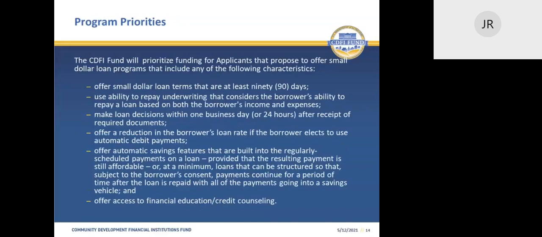That is, programs that offer small dollar loan terms that are at least 90 days, use ability to repay underwriting criteria that considers the borrower's ability to repay their loan based on both their income and expenses, make loan decisions within 1 business day after receipt of all required documents, offer a reduction in the borrower's loan rate if the borrower elects to use automatic debt payments, programs that offer automatic savings features that are built into the regularly scheduled payments on a loan, and then those programs that offer access to financial education and credit counseling.